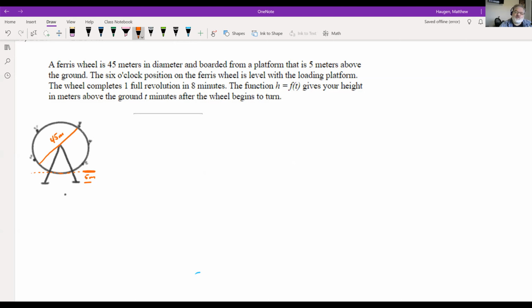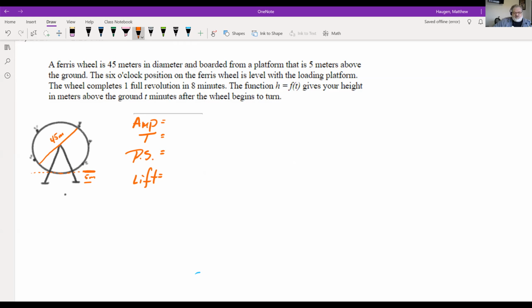Okay, so first job, we want to figure out what is our amplitude, what is our lift, what is our period, and what's our phase shift if we have one. We have to have an amplitude and a period. We sort of have to have a lift.